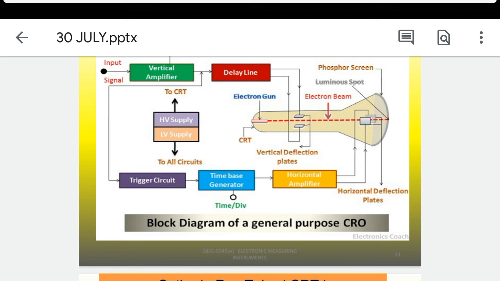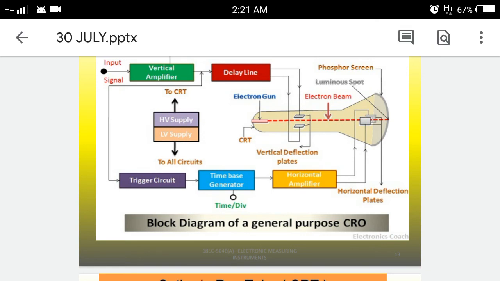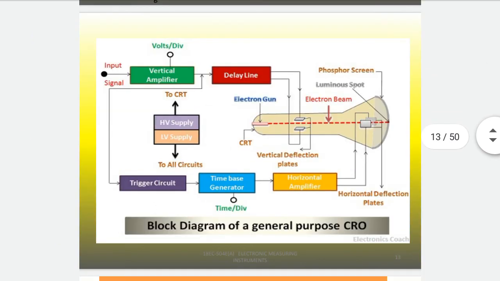What happens when the delay line is not used? A part of the signal gets lost. Thus the input signal is not applied directly to the vertical plates but is delayed by some time using a delay line circuit.